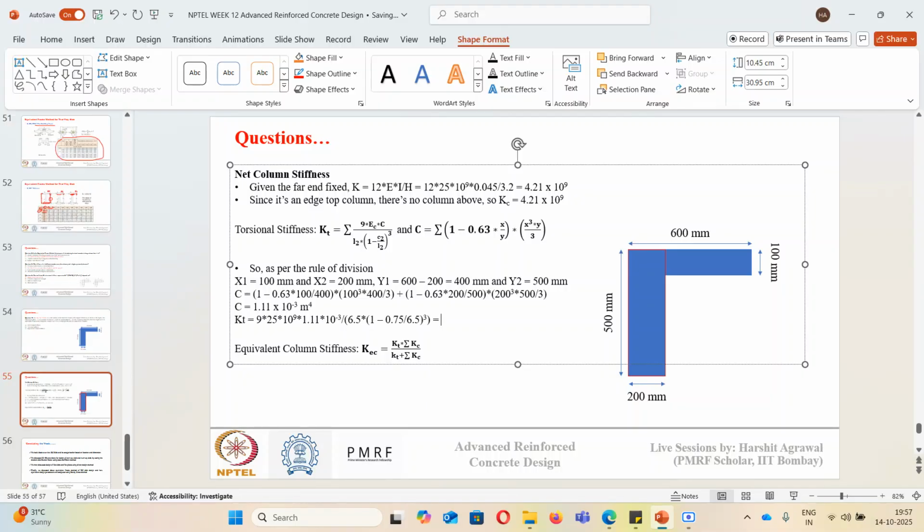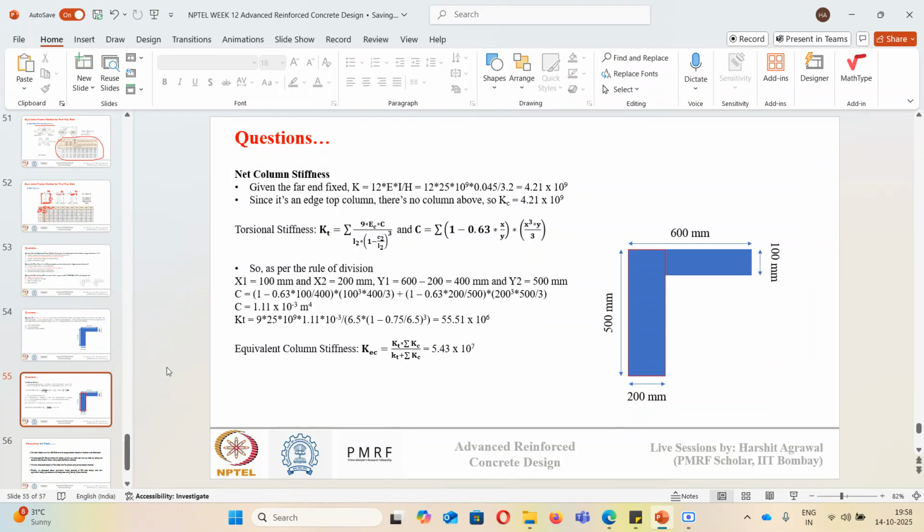So KT will come out to be 55.51 into 10 to the power 6. We know the KT value, we know the KC value, so we can calculate the equivalent stiffness of the column using this formula. When you substitute the values, it will come out to be 5.43 into 10 to the power 7. This will be my equivalent stiffness.